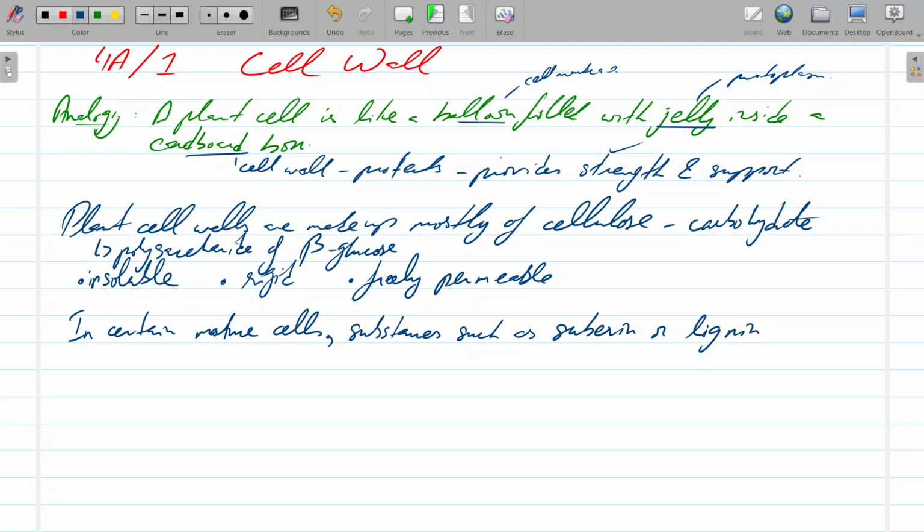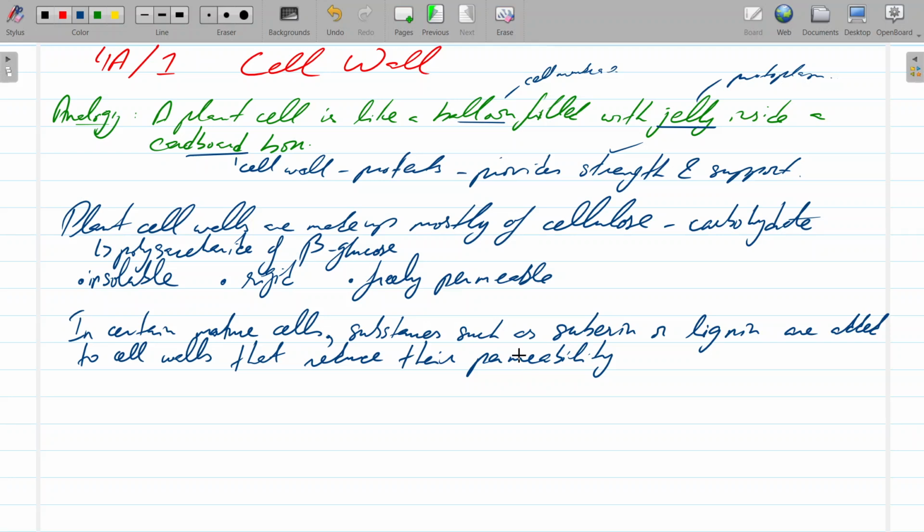Lignin is added to the cell wall, right, which changes and basically reduces their permeability. And right, in the cells and in the regions and the tissues of the plant where this happens, you want it to happen, right? So, for example, lignin is added to the xylem vessels.